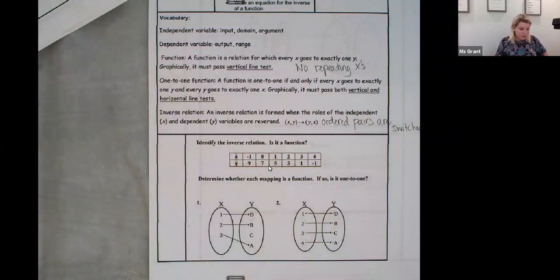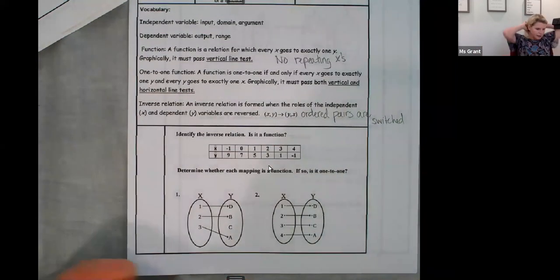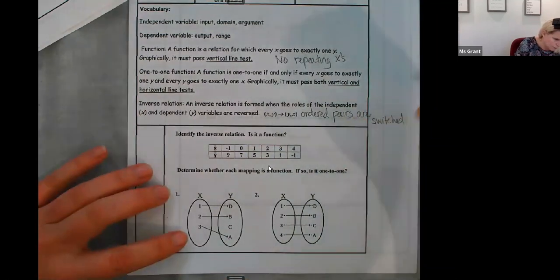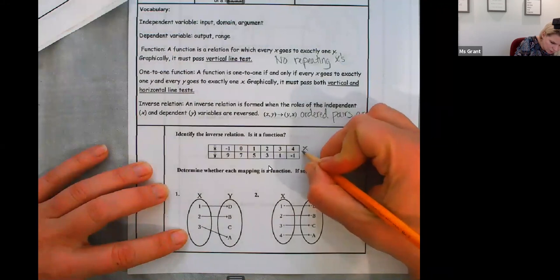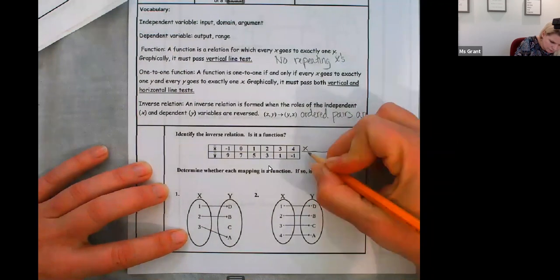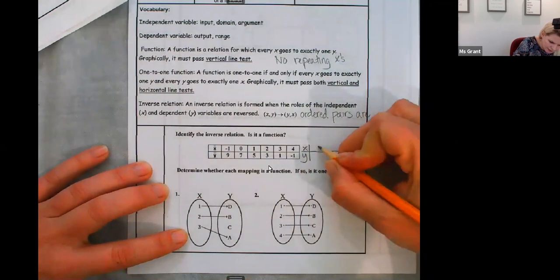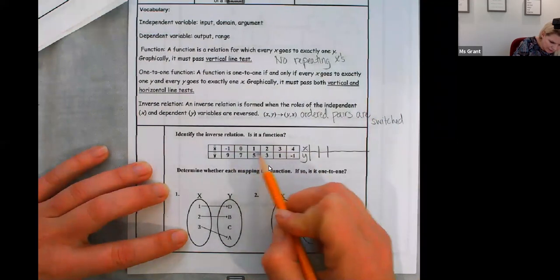Identify the inverse relation. Inverse means that I switch the x and y's right here, right? So here's my inverse function. I'm going to make a whole new table of values, and x is going to be switched in. I need 1, 2, 3, 4, 5, 6 spaces.